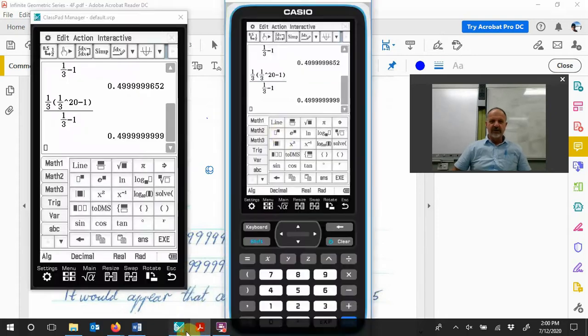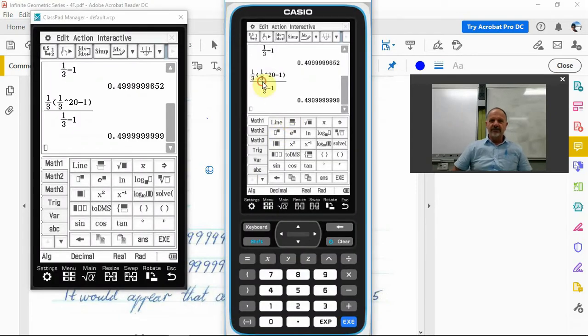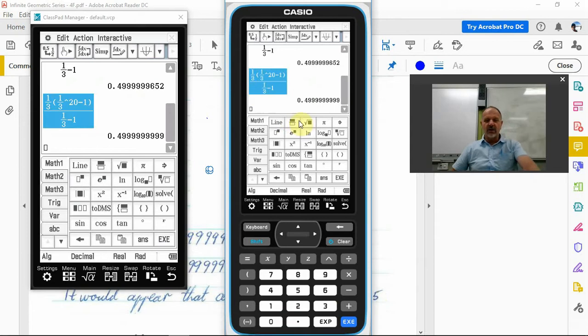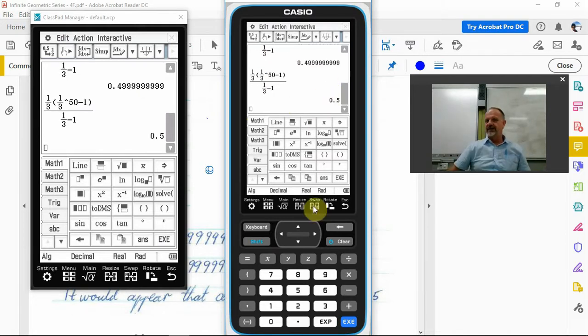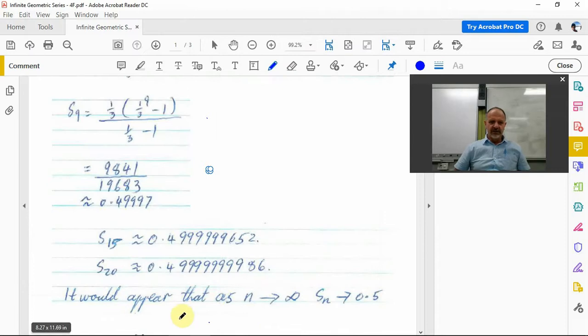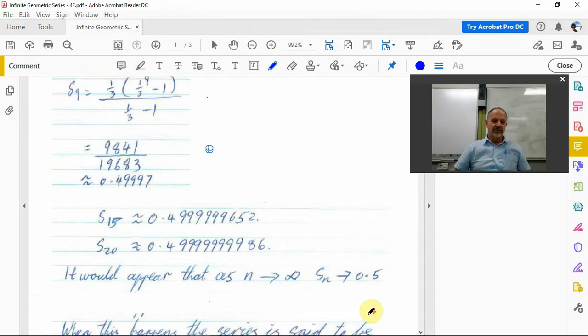So if I go back here, copy that and paste that, let's change that to say 50. Then our calculator says that it's 0.5, so it's exhausted the number of decimal places that our calculator can work out. So it would appear that as n goes towards infinity, the sum goes towards 0.5.